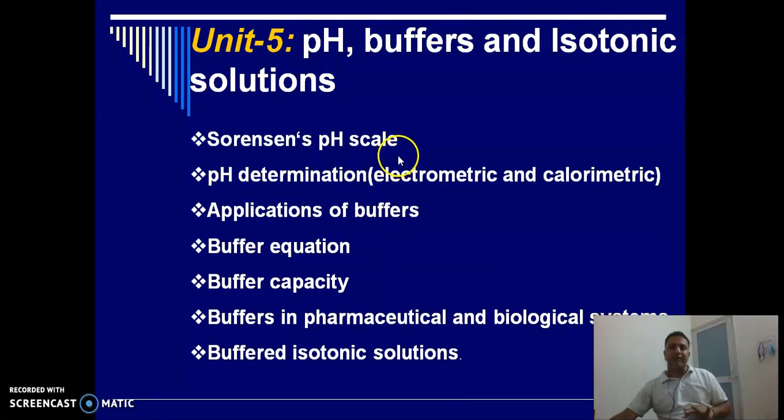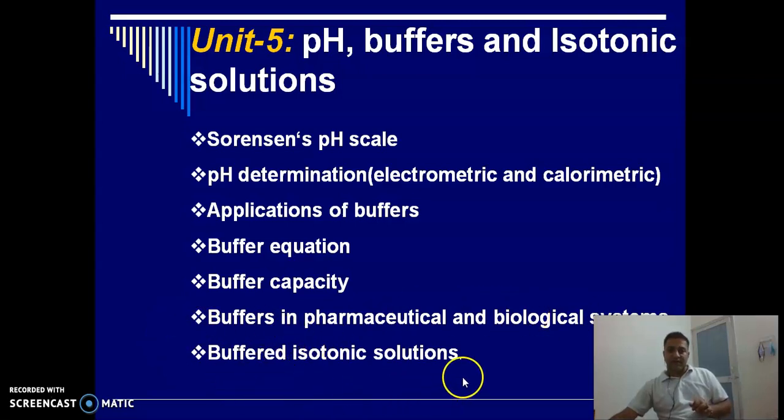The topics included in this unit: Sorensen pH scale, pH determination methods, electrometric and colorimetric, and application of buffers. Buffer equation is known as Henderson-Hasselbalch equation, buffer capacity and buffer in pharmaceutical and biological system.